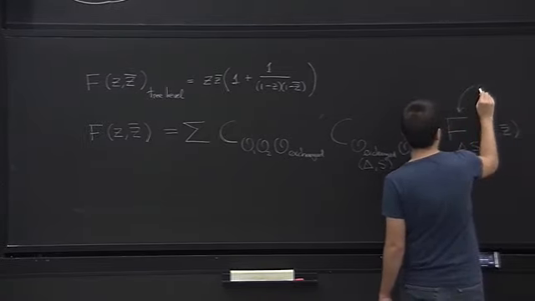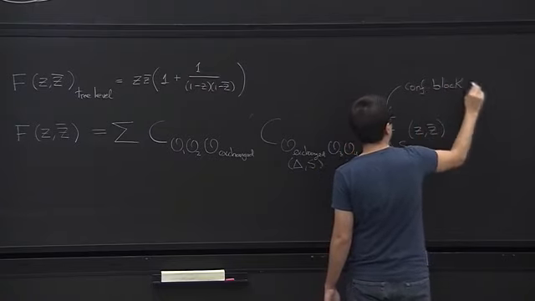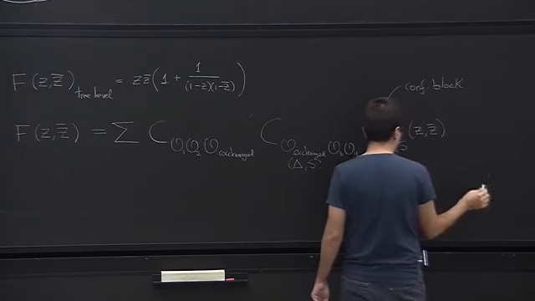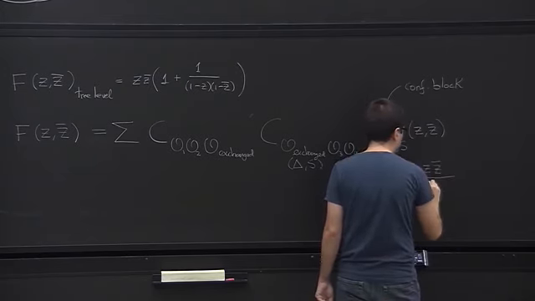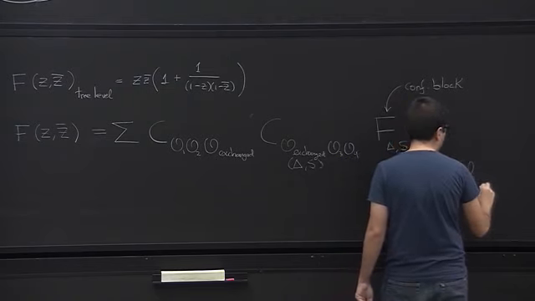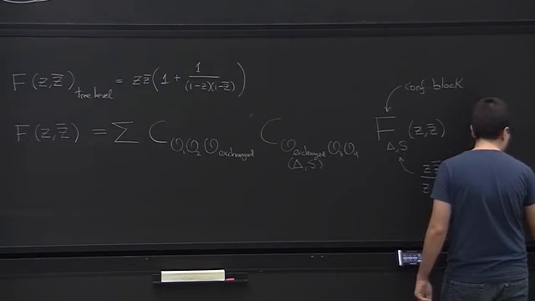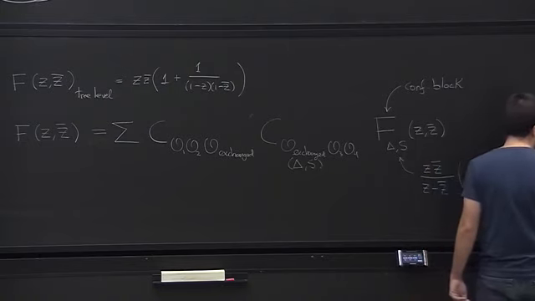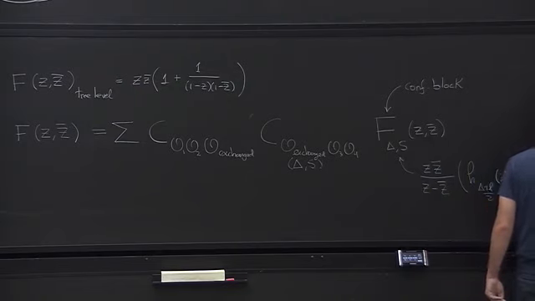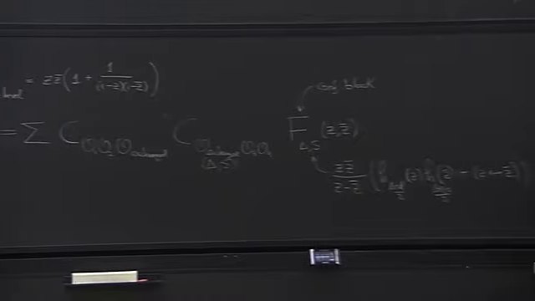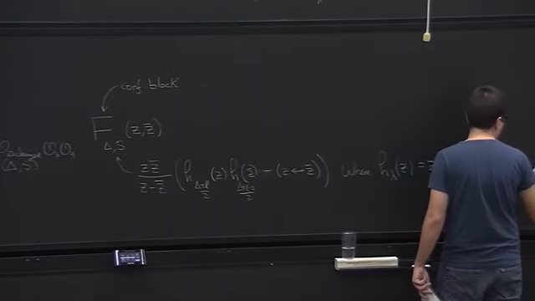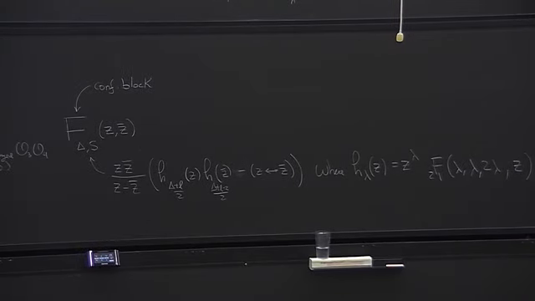And this function was the conformal block, and it was given by Z times Z bar over (Z minus Z bar), some function h of Z, h of Z bar, minus Z exchanged with Z bar, where this h was just some hypergeometric function of Z. Okay, very good. And this was the form of conformal blocks in 4 dimensions.